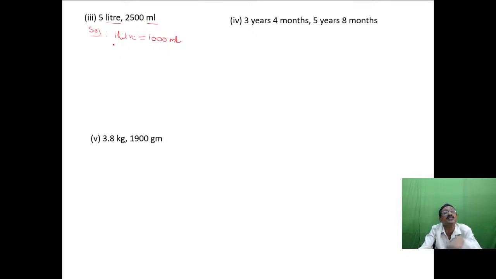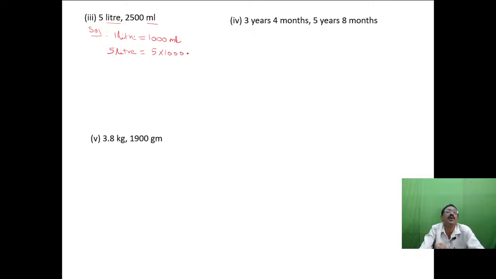So now let us convert this 5 liters. What will happen to this 5 liters? Let us convert this 5 into 1000.